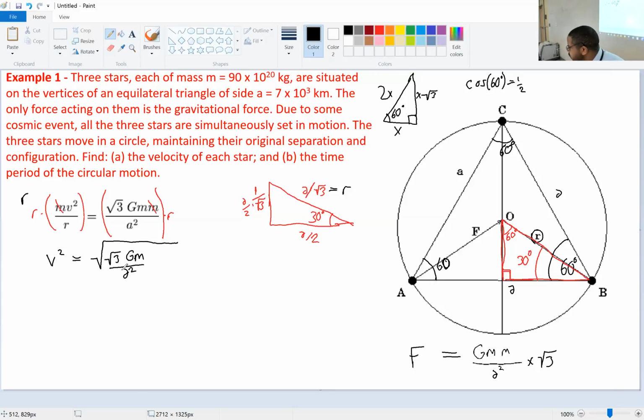Hang on, let me make sure I have this right. Let me plug this in, hang on. I don't want the square root of a square root. So yeah, let me go back.